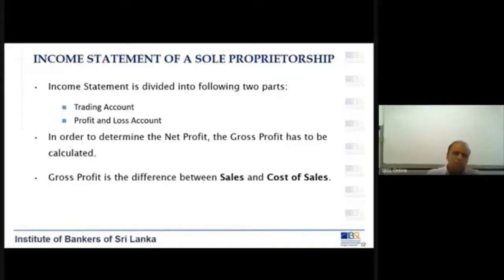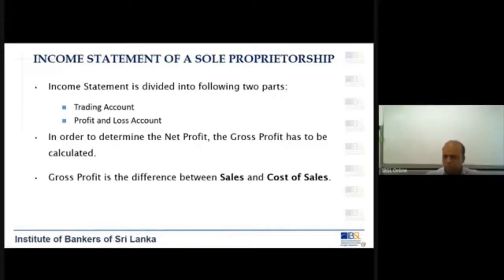Now, what is cost of sales? What have you incurred? Again, I will repeat that. What have you incurred? It's not what you have expensed, it's what you have incurred to make these goods that you are selling. So sales and cost of sales are interconnected.